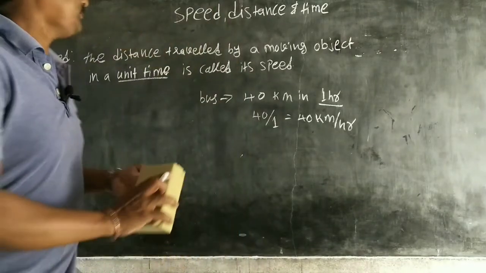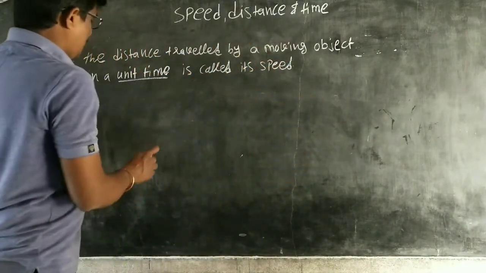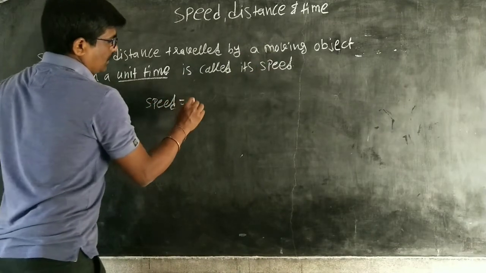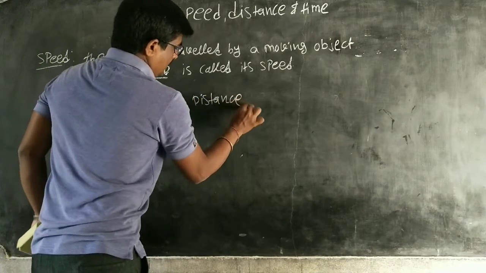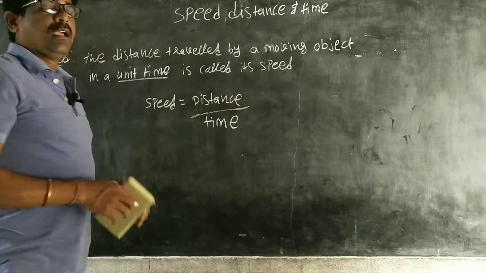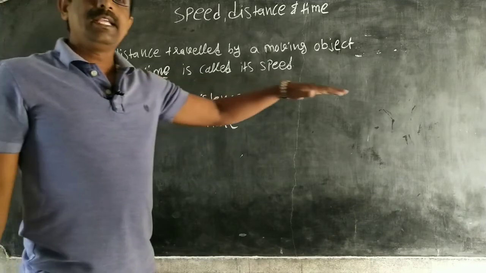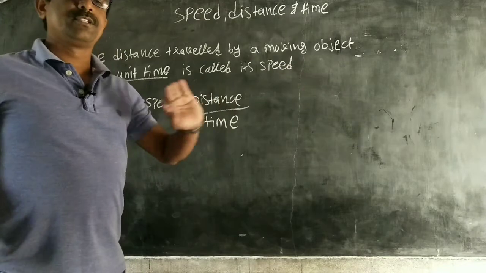Next, we have one formula. What is the formula? Speed is equal to distance by time. In a unit time, how many kilometers a moving object travels, that is called speed.